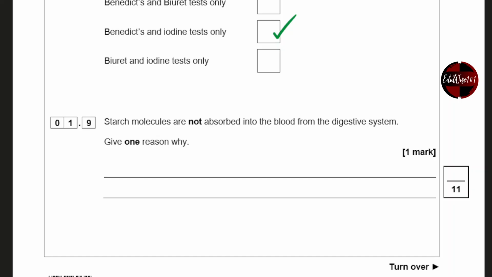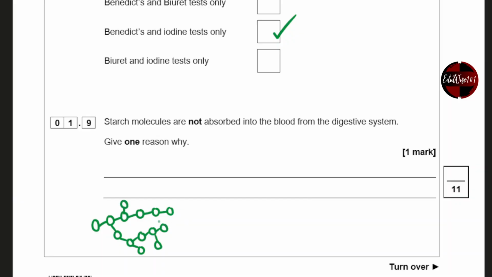Starch molecules are not absorbed into the blood from the digestive system. Give one reason why. Now, starch molecules are big molecules. Sometimes you can call them macromolecules. Starch is made up of glucose. So each of those circles is a glucose molecule, but starch is branched as well. So it's quite a large molecule.